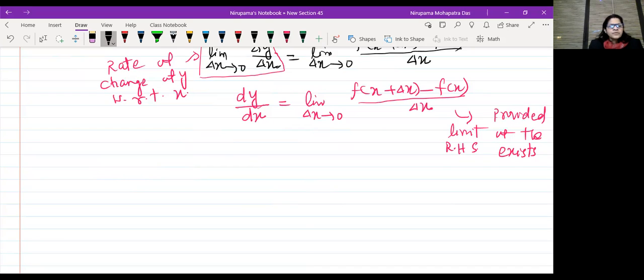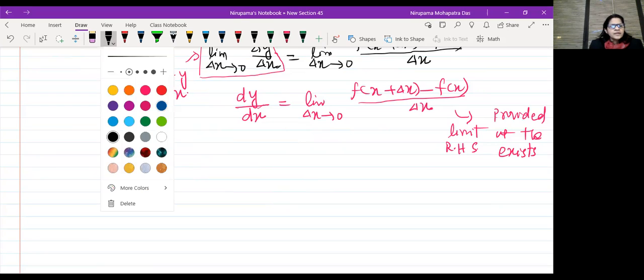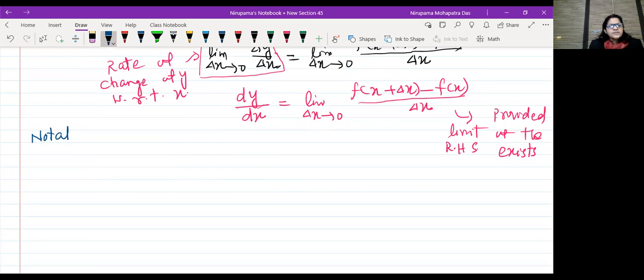Before we go to other things, I can tell you the notations. So notations for derivative, we may write here dy by dx. Y is a function of x, so derivative of y with respect to x: dy by dx, or we may write f dash x, we may write y1.